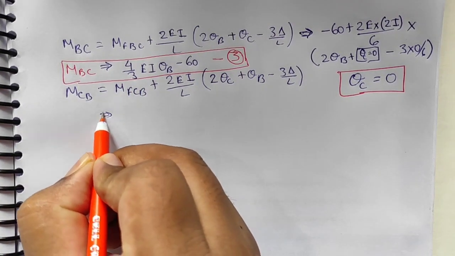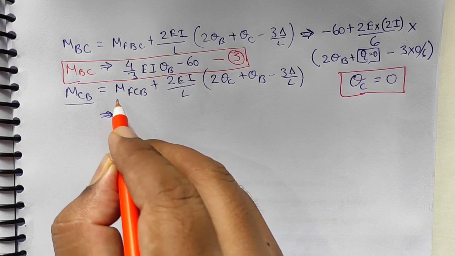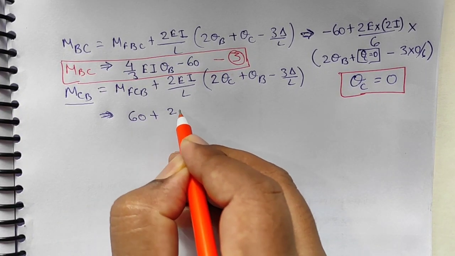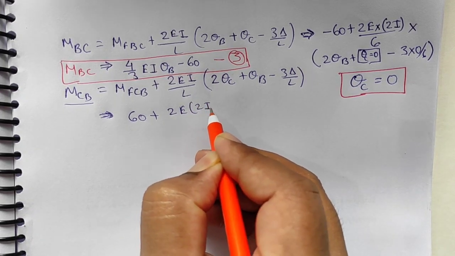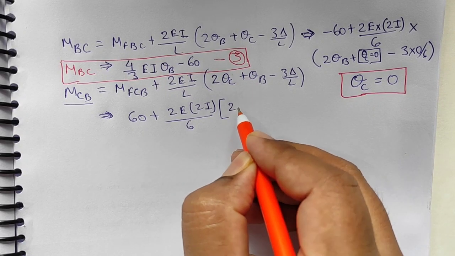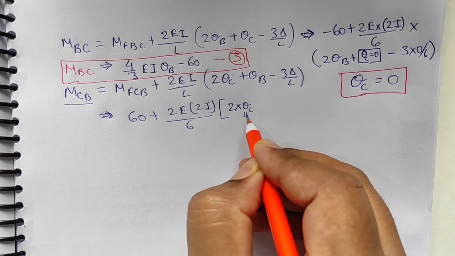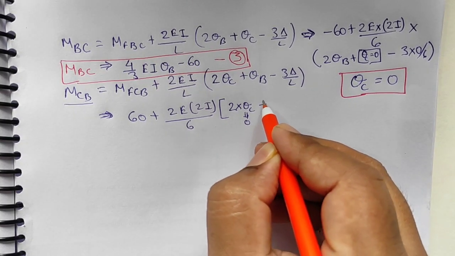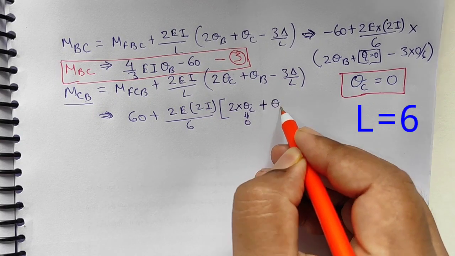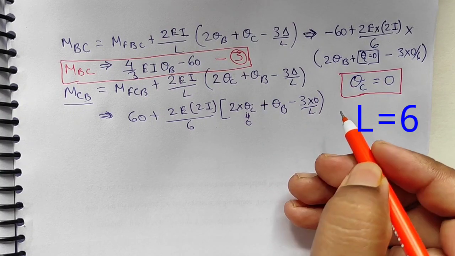Again I'll put the values in the formula of MCB. Now we know that the fixed end moment here is positive 60, the value of I is 2I and the value of L is 6, and here the value of 2 into theta C. Theta C is again 0, as I have defined that the rotation at the end C will be 0, and then theta B minus, there is no settlement, so the value of del will be 0.